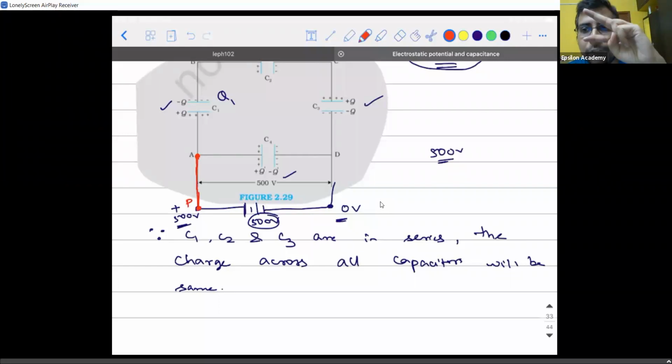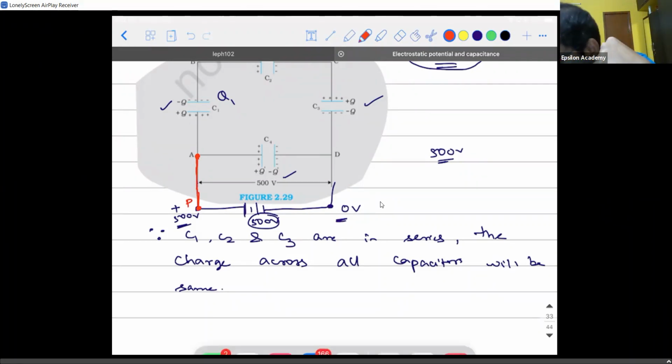If 2 points are connected with the help of a wire without any capacitor in between them, then both the points are said to be at the same potential. So what do I mean by that?